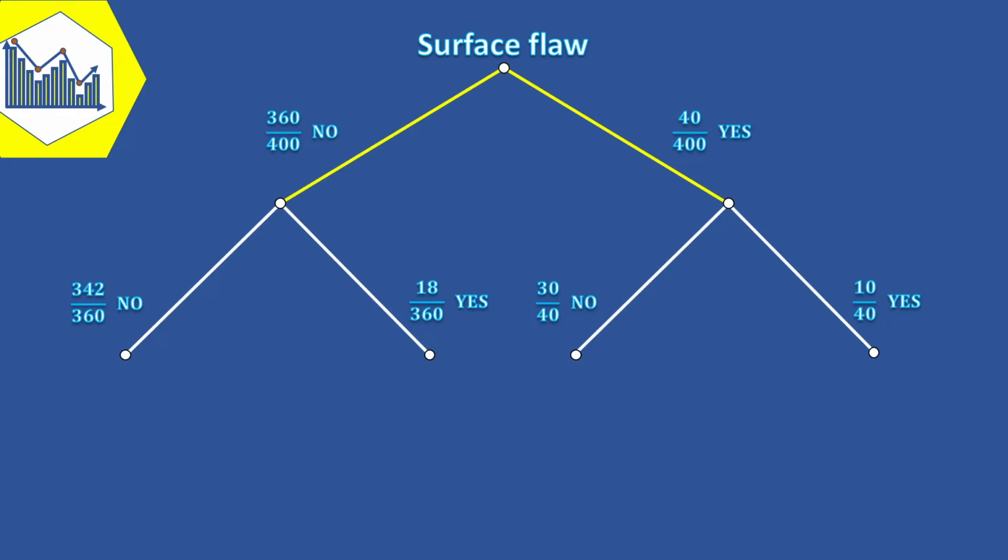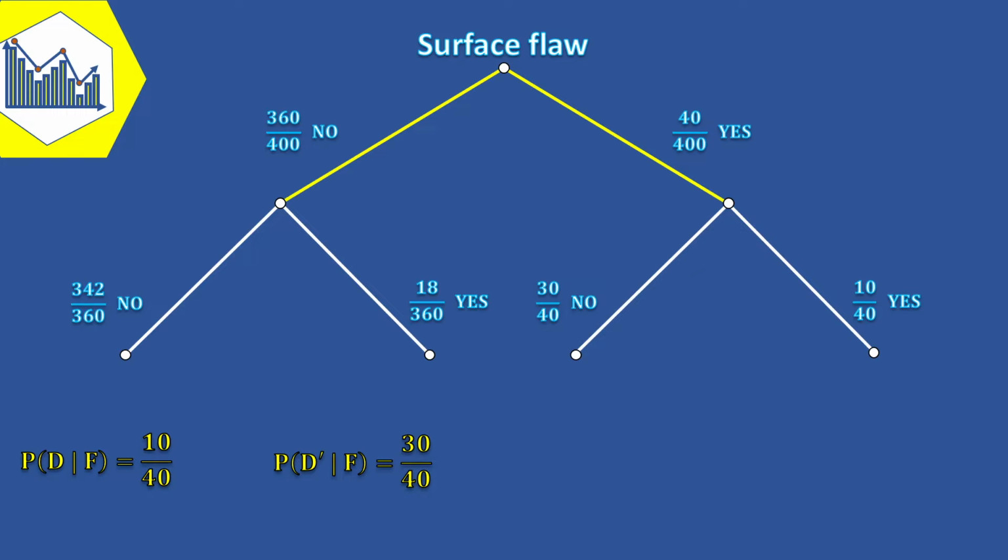This tree diagram can also be used to display conditional probabilities. The first branch is on surface flaw. Of the 40 parts with surface flaws, 10 are functionally defective and 30 are not. Therefore, the probability of D given F is 10 over 40, and the probability of D prime given F is 30 over 40.